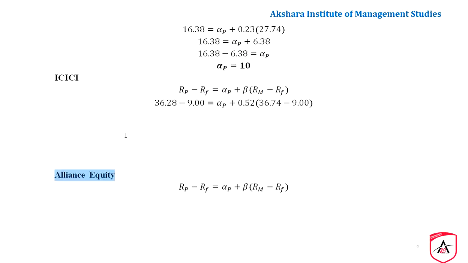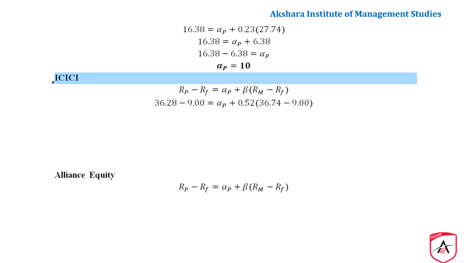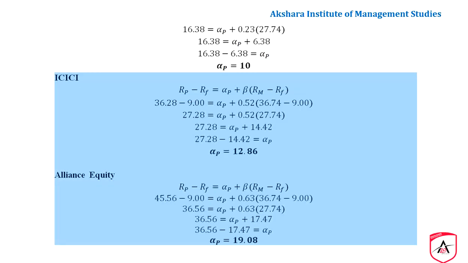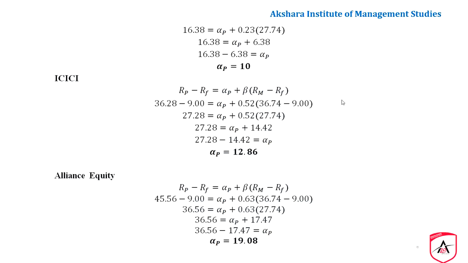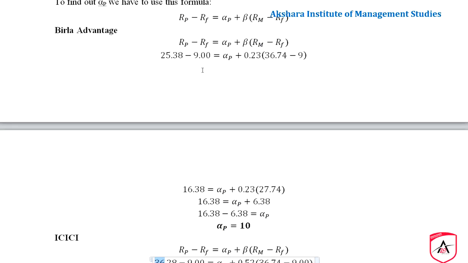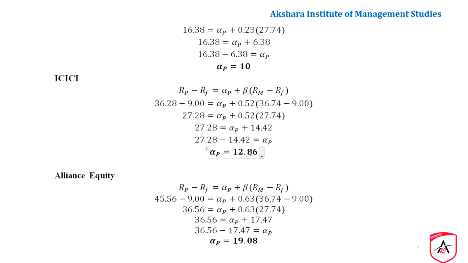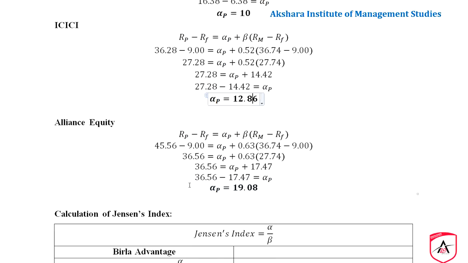After calculating the alpha P for ICICI and Alliance Equity, then we have to move on to calculate Jensen's performance index. I have already calculated here: for Birla Advantage it is 10, ICICI is 12.86 and Alliance Equity is 19.08.